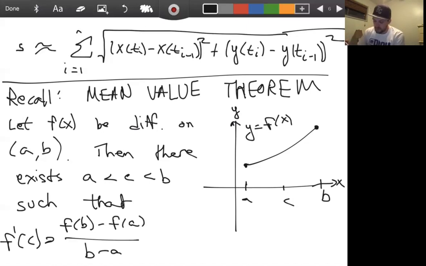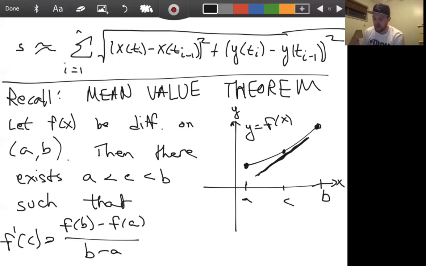So what it's saying is somewhere between points A and B, there is some point C such that the derivative, or the slope of the tangent line at that point, is equal to the mean value across this interval.